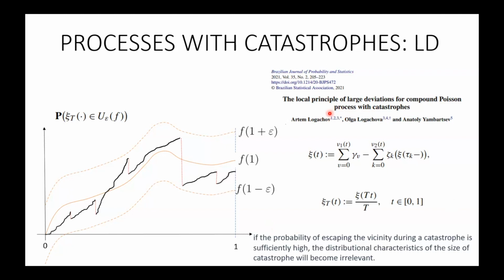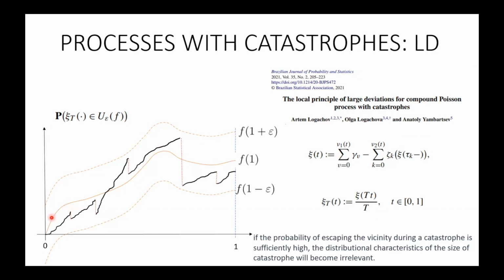And when you study the local large deviation principle, we need to control the probability that my scaled process, where Xi of T is my original process and I make a scaling where T goes to infinity, stays within some neighborhood of some function f. We need to estimate the upper and lower bound for this probability.